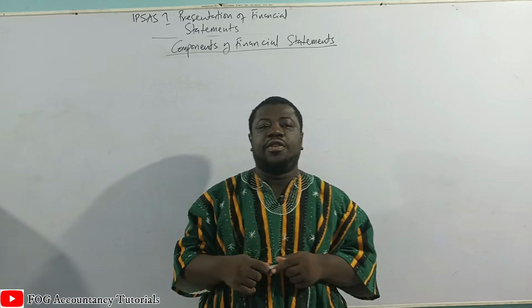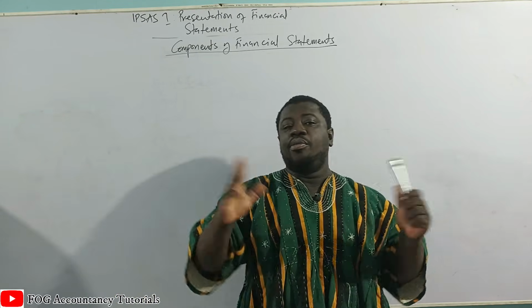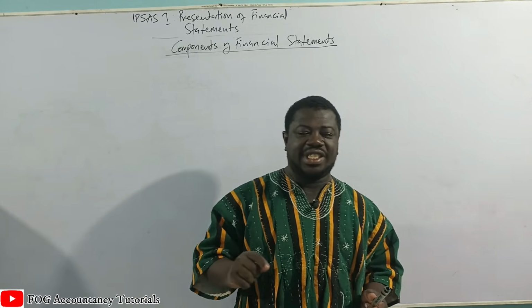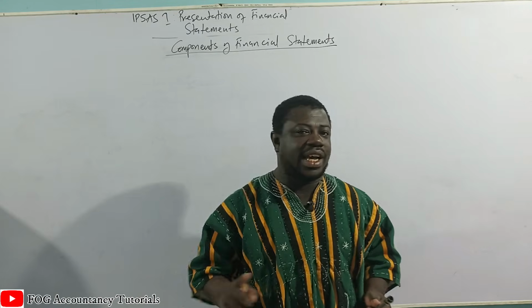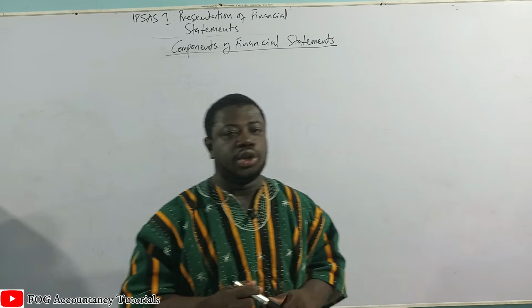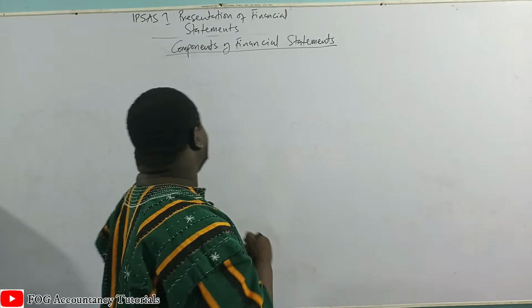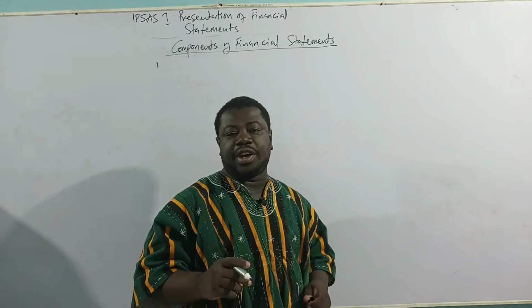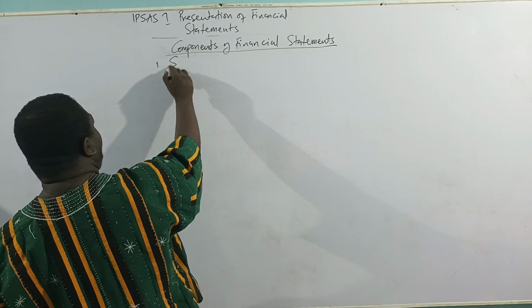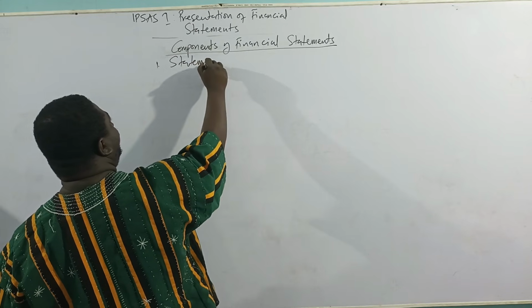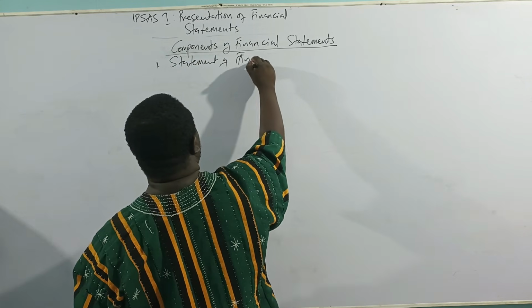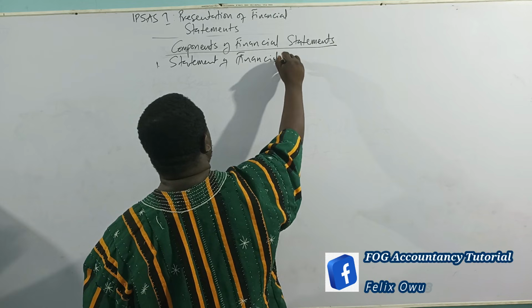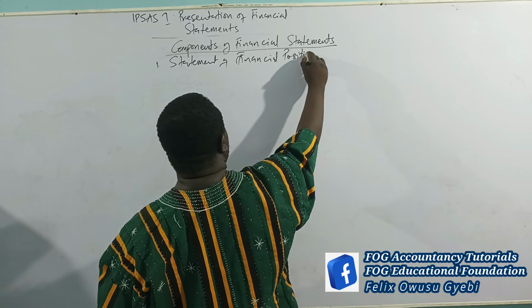Now, the components of financial statements are almost the same as that of the IFRS, just that there is one additional thing that I'm going to introduce for you. So from what we know from the IFRS, here we have the statement of financial position, according to IPSAS 1.